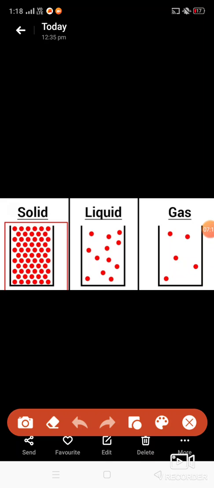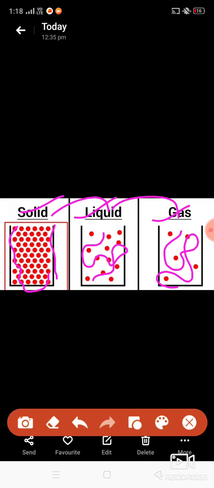See here, these are three different states of matter. First one solid, second one liquid, and this one gas. Here there is very little space between the particles, here a larger space compared to the solid, and here a very large space compared to liquid and solid. So it shows that the particles have space between them.